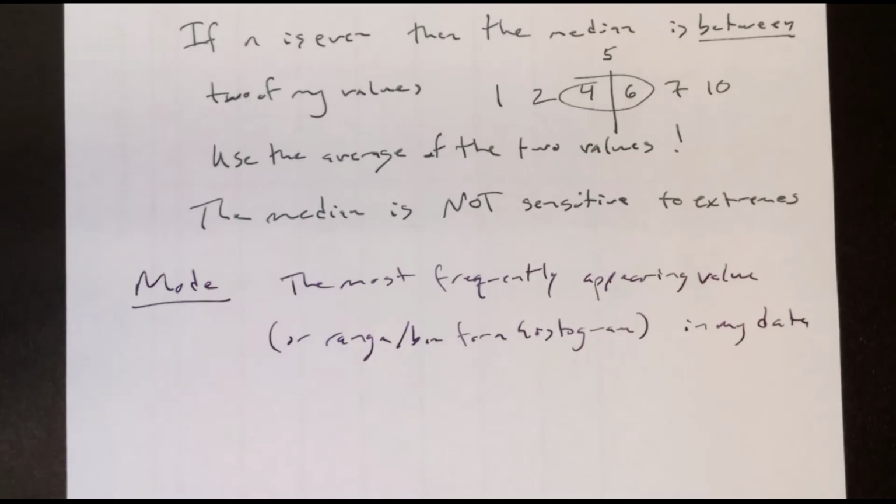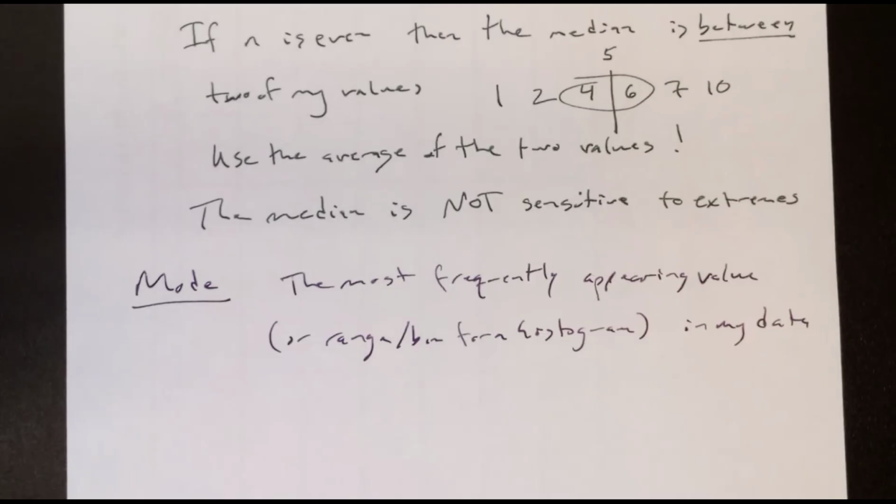When I'm actually just looking at the data, it's a single number. Is there a number that shows up the most? If there is, that's my mode. If there's more than one that's tied for the highest occurring, we had 33 values in our JD Power set.